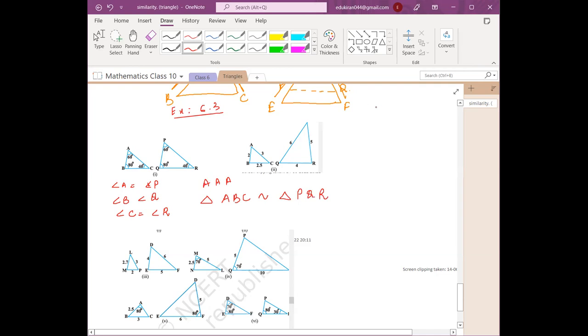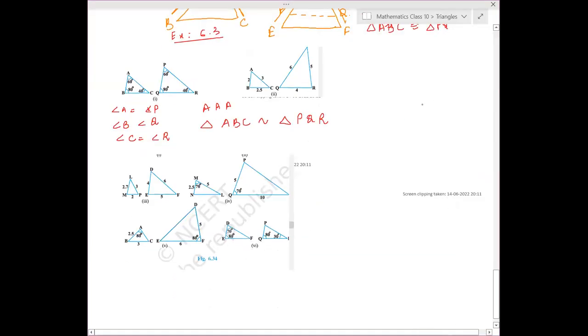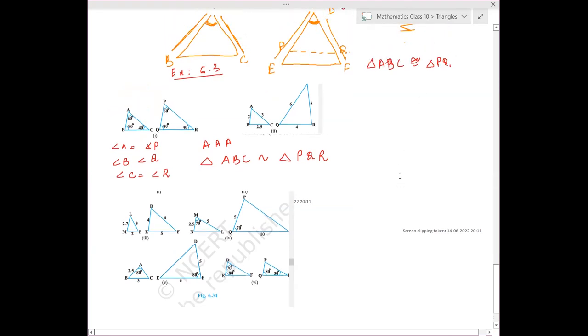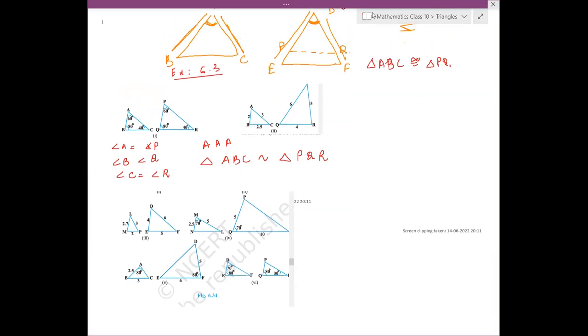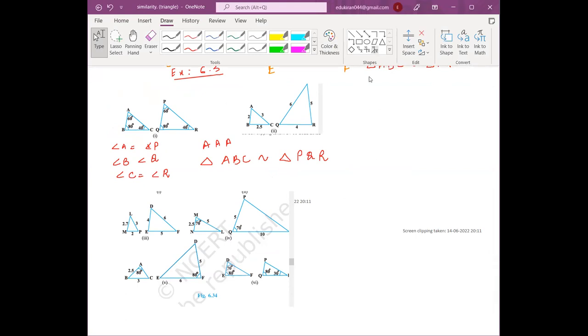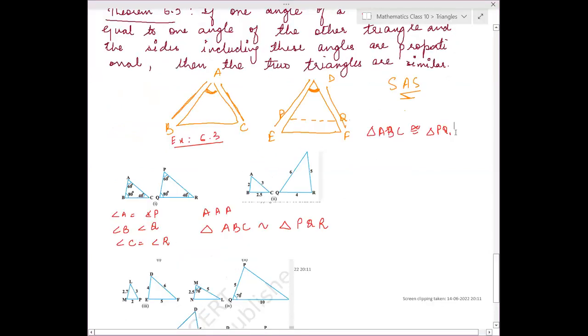For example, in congruency also, if I write triangle ABC is congruent to triangle PQR, right? Sorry, something happened here.